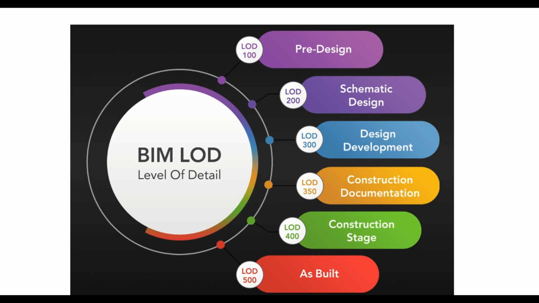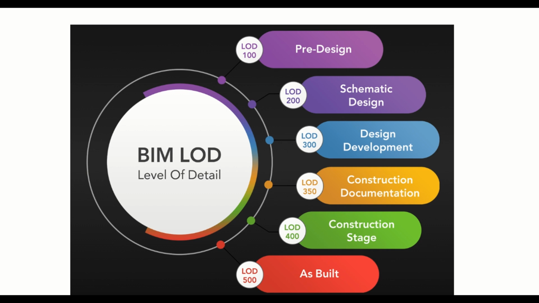They also share their data. For example, the electrical guy will ask the mechanical guy to please give their loads in terms of AHUs, FCUs, and other mechanical equipment if they are using any in the project.